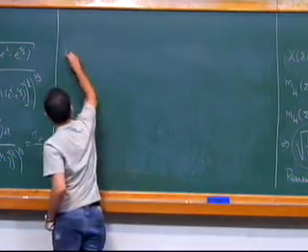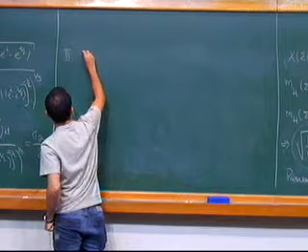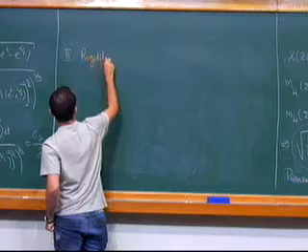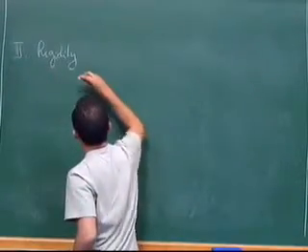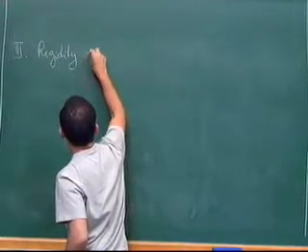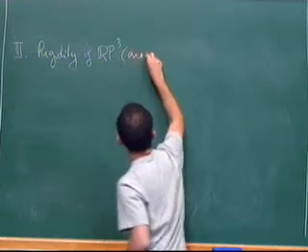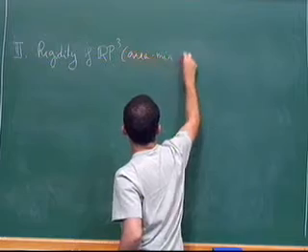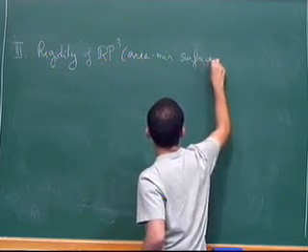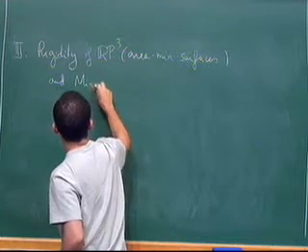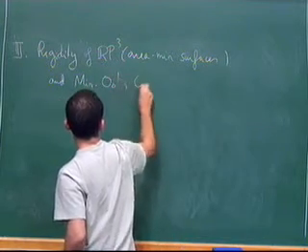So in the third part, I'm going to talk about the rigidity of RP3 with respect to area minimizing surfaces, area minimizing projective planes, and I'll just mention, if time permits, the Menus conjecture.